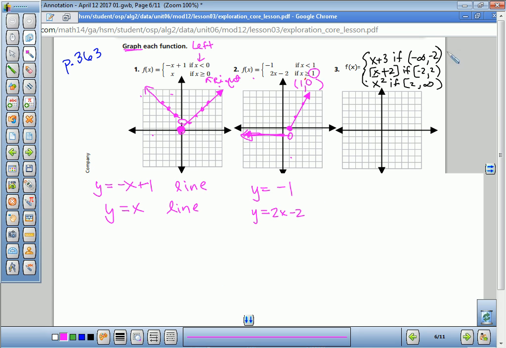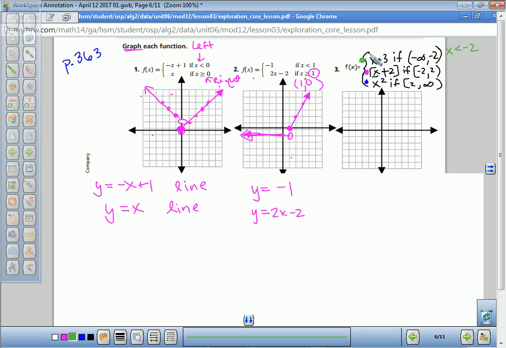Alright, this next one, we'll do pink for the middle one, green for the top one, and blue for the bottom piece. There we go. So, the actual graph is all three of them together, but I'm going to do them in different colors so you can see what's going on. So in this one, I gave you an interval, not an inequality. But this means the same thing as x is less than -2, doesn't it?